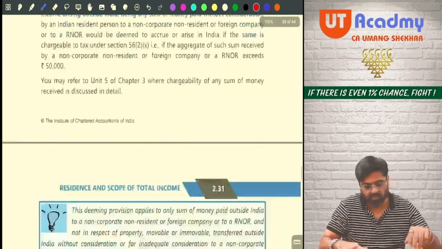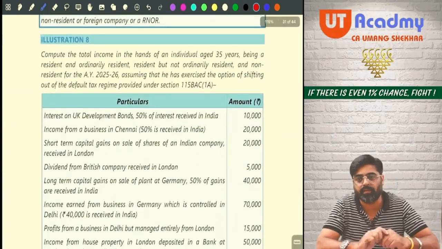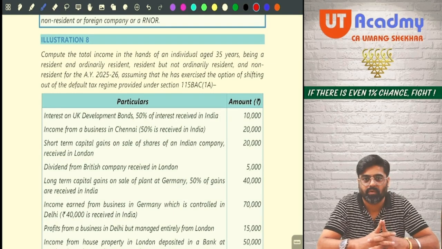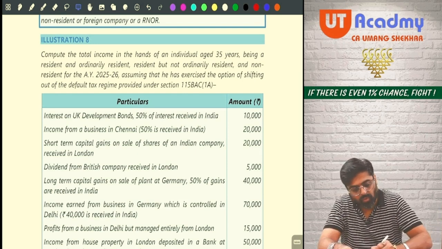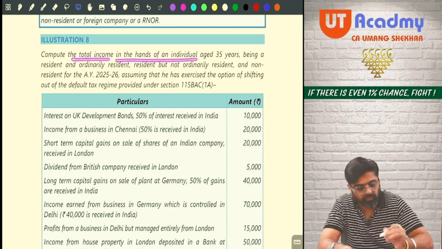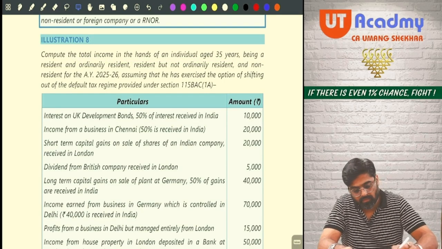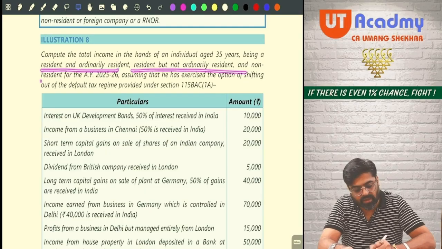Next question. Illustration number 8. Mark this question important, everyone. Now in this question, they are telling you to compute the total income in the hands of an individual aged 35 years, being a resident and ordinary resident, resident but not ordinary resident, and non-resident.